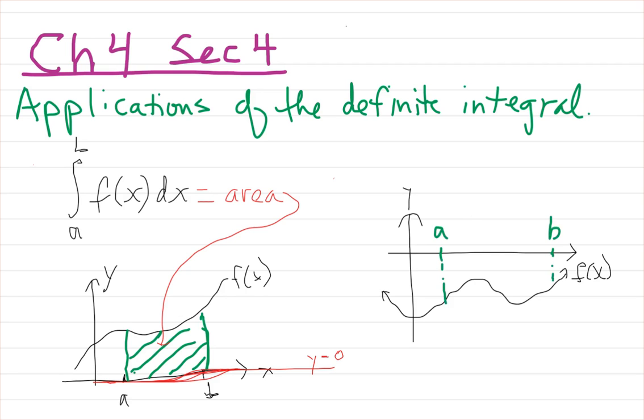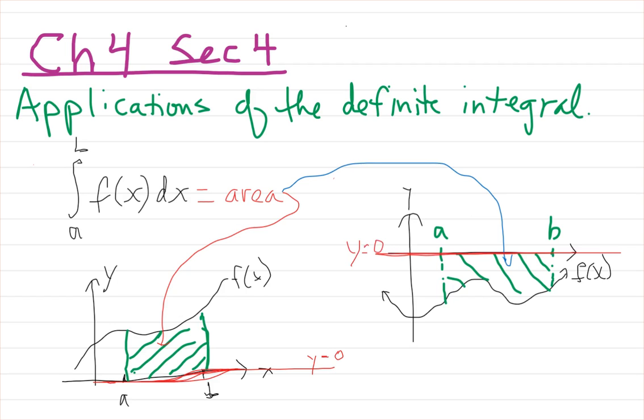And we go down, and this time the function is the bottom of the boundary, and a and b are the left and the right, and here's y equals 0 again, is the top. But either way, y equals 0 is the bottom or the top. The function is the bottom or the top. A and b are the left and the right.